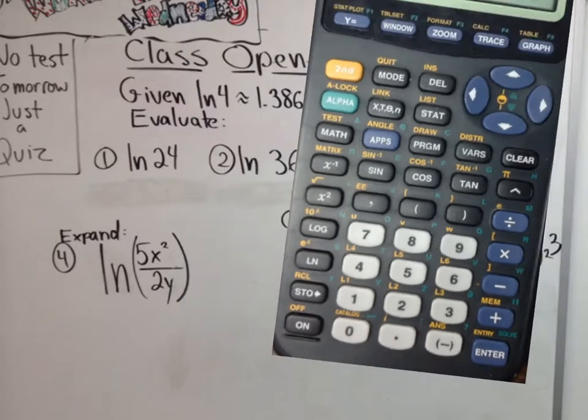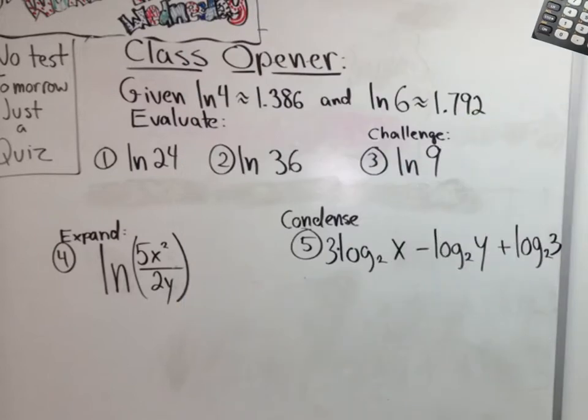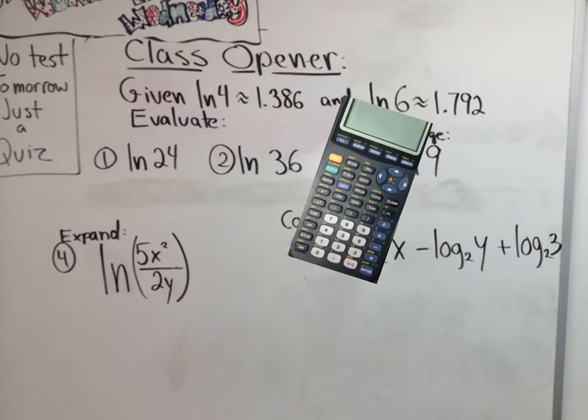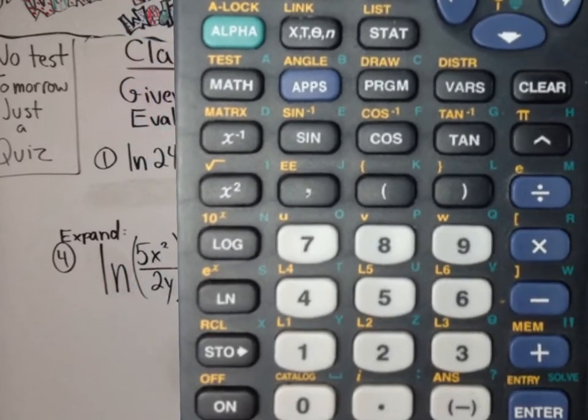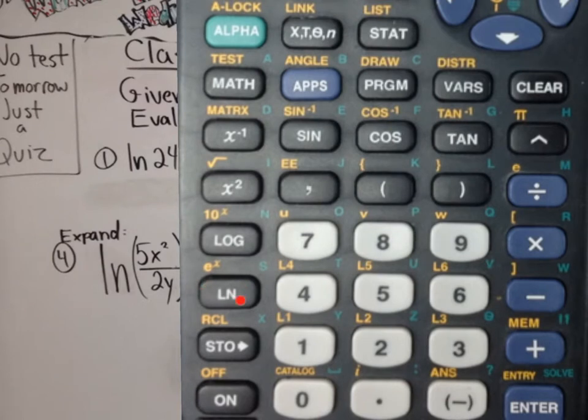So if I were to do this problem on our calculator, ln of 4, you'll see that it does give you this value. Could somebody do me a favor and type in ln of 24?